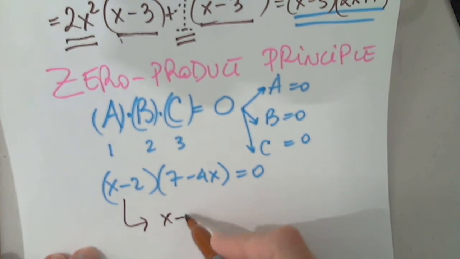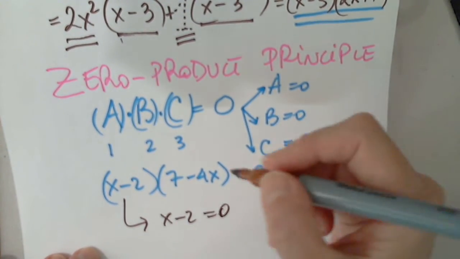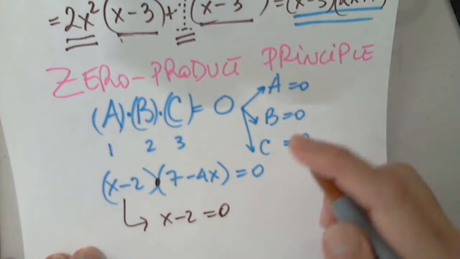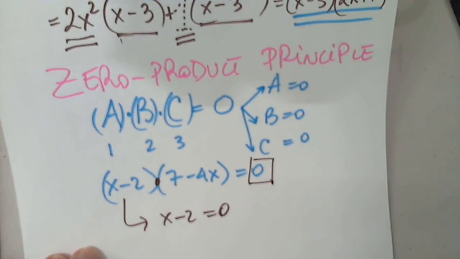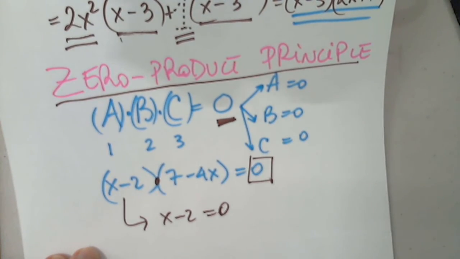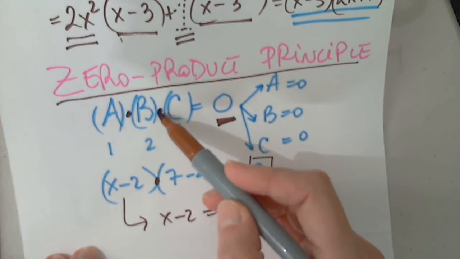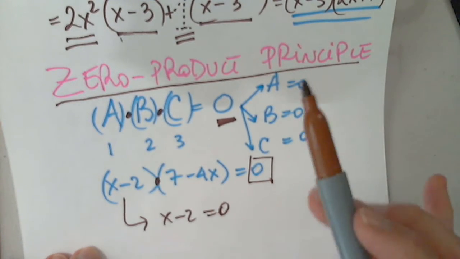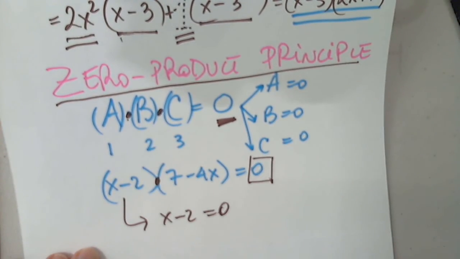So either x minus 2, but remember, it's a product, and I have to have 0 here. So the zero product principle means 0 on one side, and the product of as many factors as you want, it doesn't matter, but a product of factors. That's why we learn factoring.